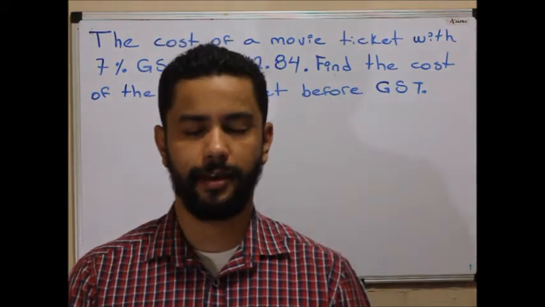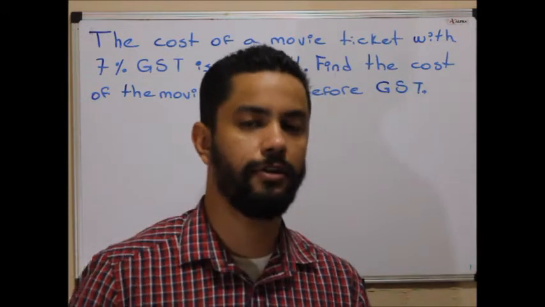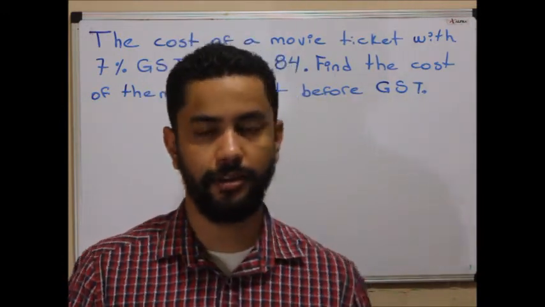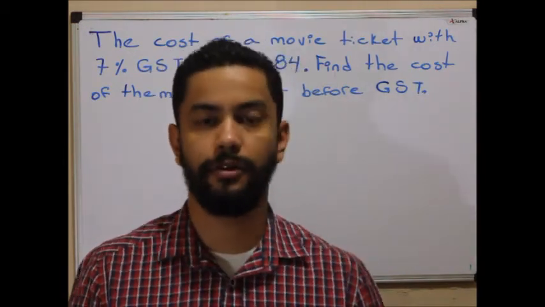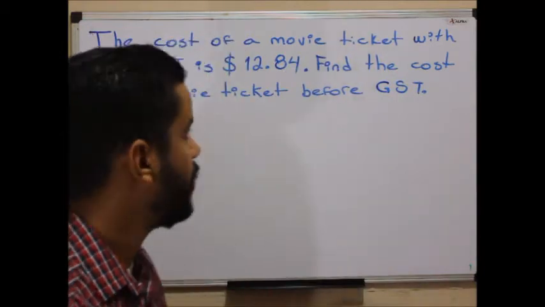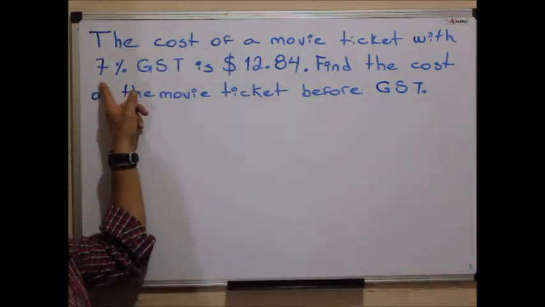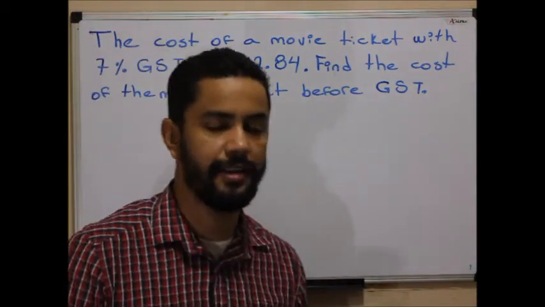Now we're going to work with an extra exercise that is not in your book nor workbook, but is in the TE book, the teacher edition book. So let's see that. We have here the cost of a movie ticket with 7% of GST. The GST is like the tax.